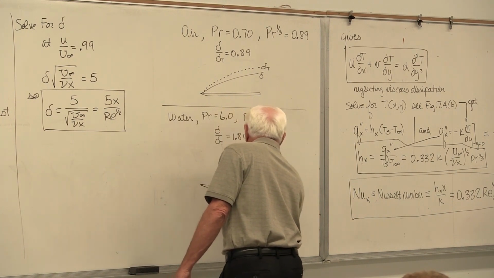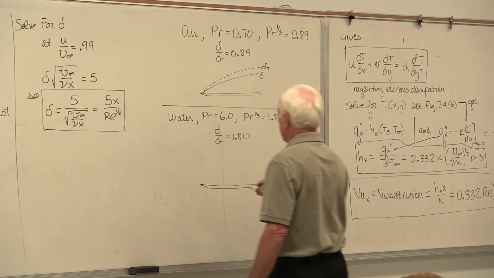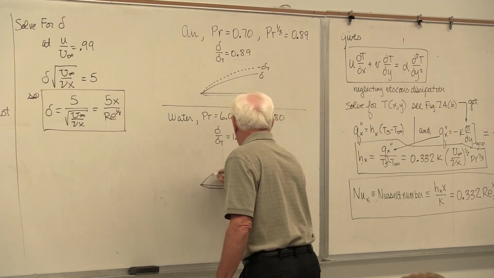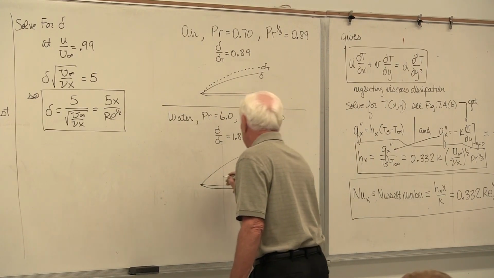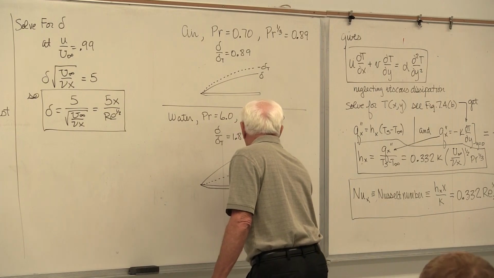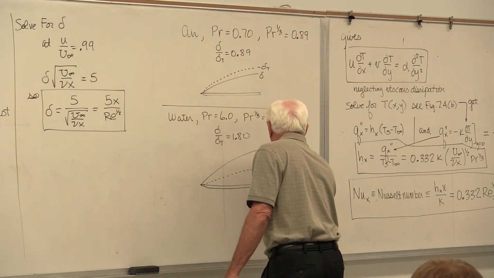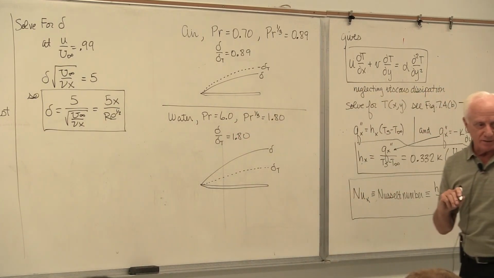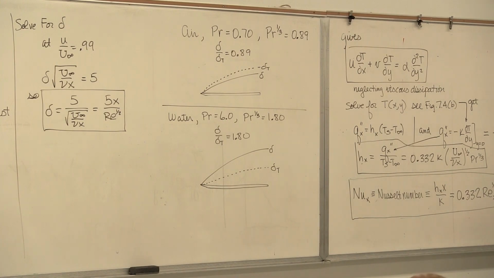So in that case, delta is up here, and the temperature boundary layer then would be delta over 1.8. So there's the relative sizes of the two boundary layers. Notice delta is about double delta T.